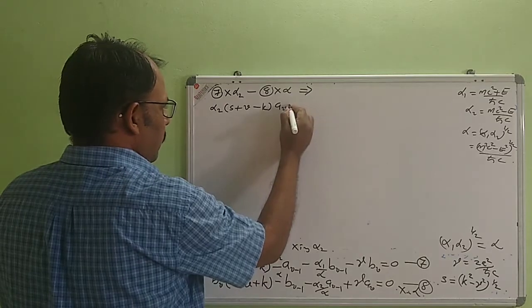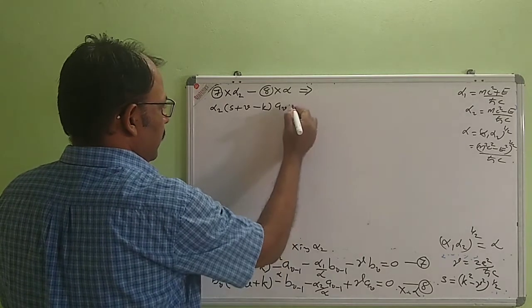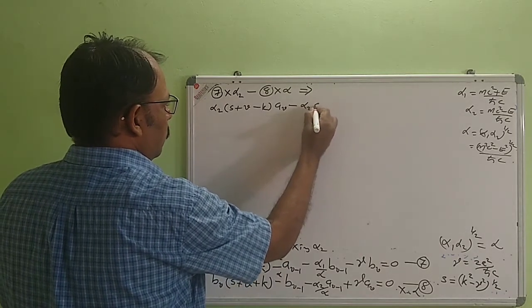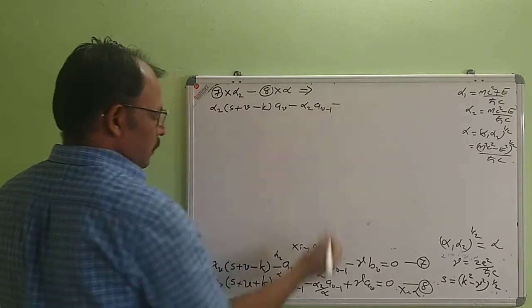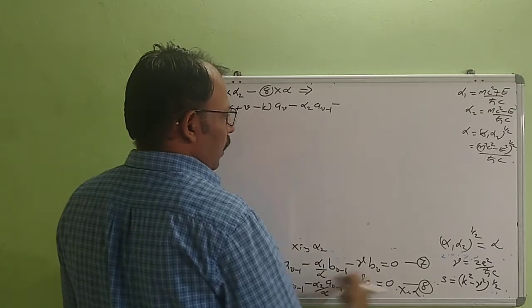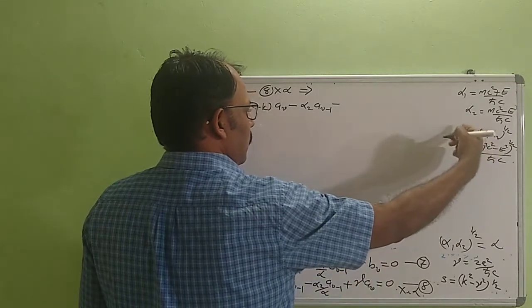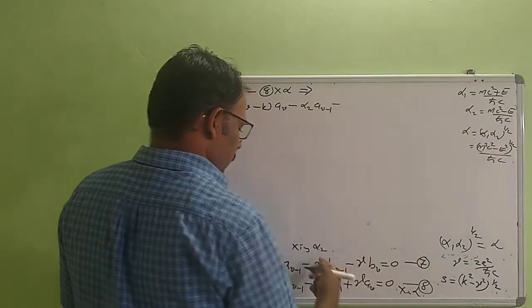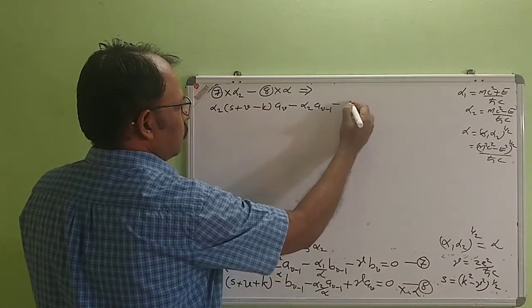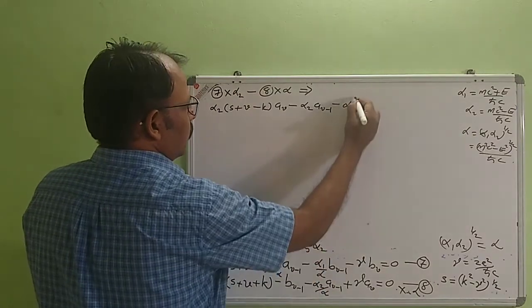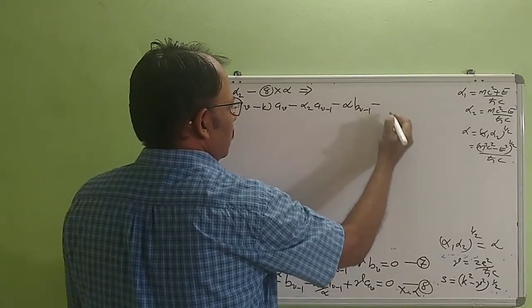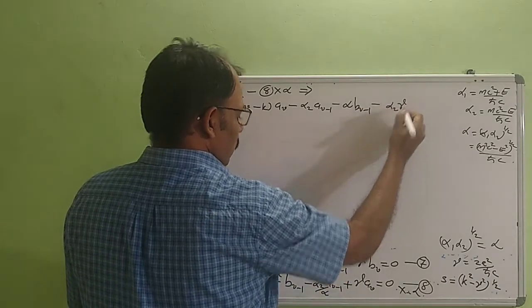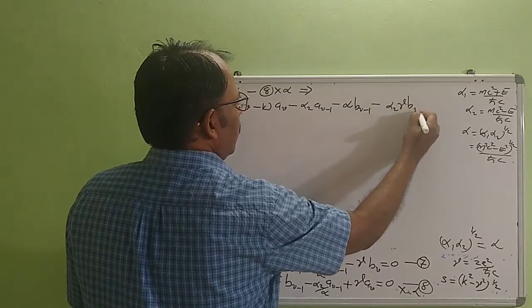This term will be minus alpha 2 AV minus 1, minus alpha 1 alpha 2. Alpha 1 alpha 2 will be alpha square, so it is alpha square by alpha, which is alpha. So it is alpha BV minus 1, minus alpha 2 gamma BV.